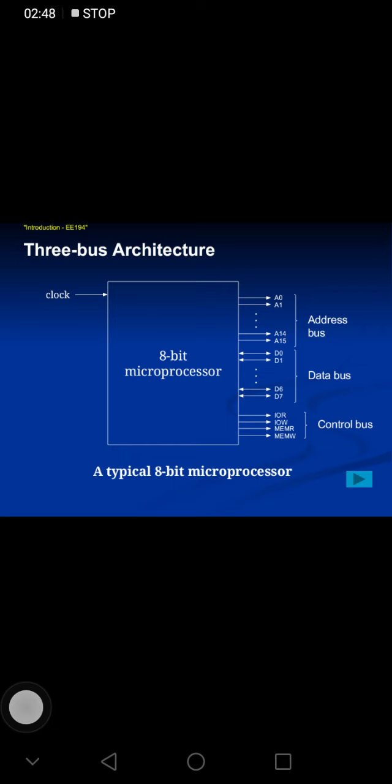A typical 8-bit microprocessor has an address bus, from A0 to A15. Then we have the data bus, D0 up to D7.